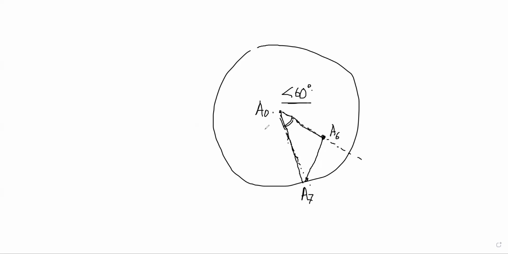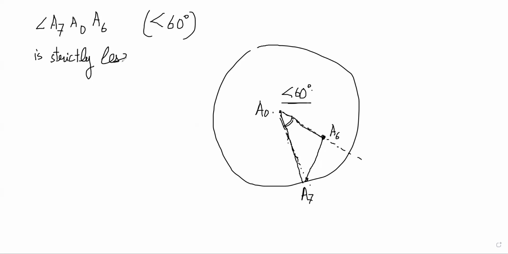So we are guaranteed that angle A7, A0, A6, which is less than 60 degrees, is strictly less than one other angle of the triangle.